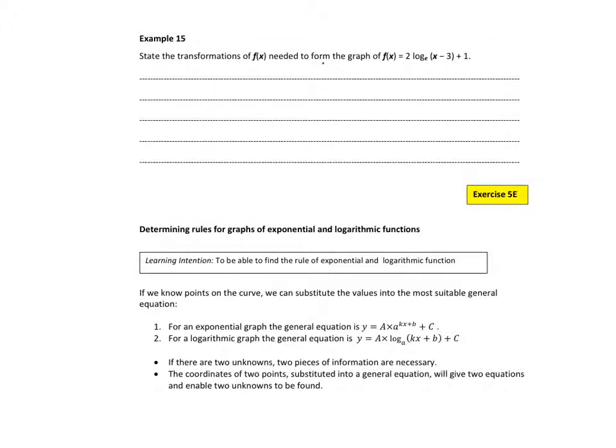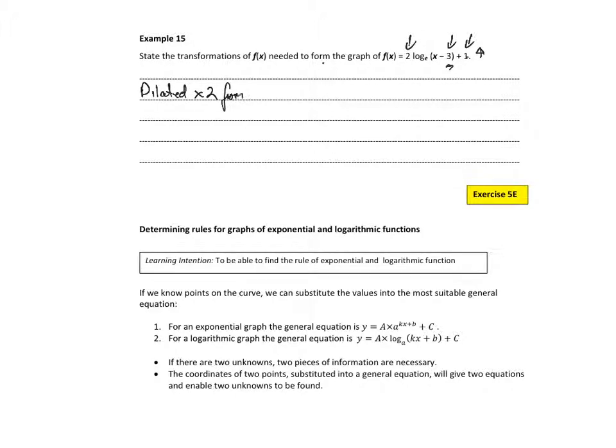Okay, two ways we can approach. I guess this one, I think we can just describe everything as it is. It's dilated by a factor of 2, 3 units to the right and 1 unit up, isn't it? So that 2 out the front means my y value gets multiplied. So it's dilated by a factor of 2.